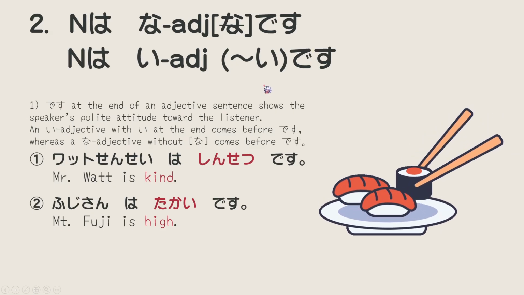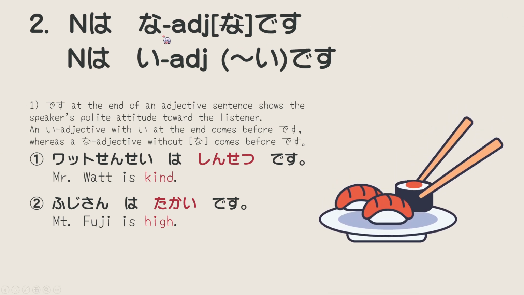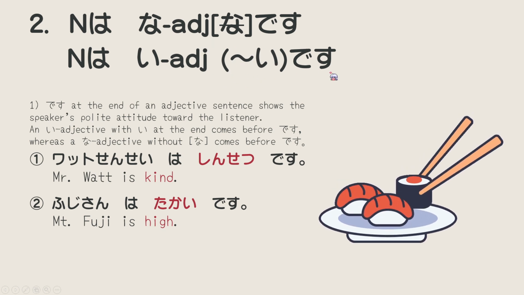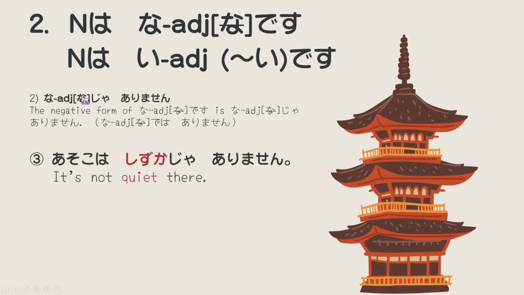So the sentence form is noun wa na adjective without the na, desu, or noun wa e adjective as it is, desu. The na adjective negative form is you replace desu with ja arimasen, still without the na if it is used as a predicate.